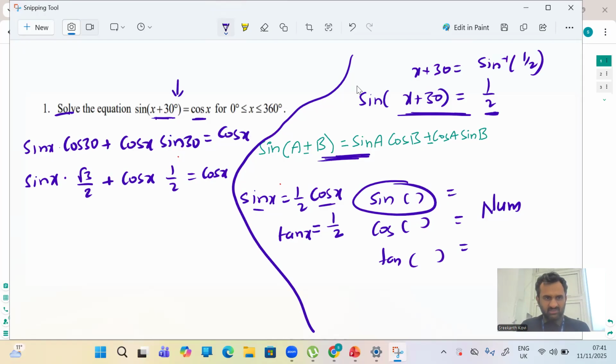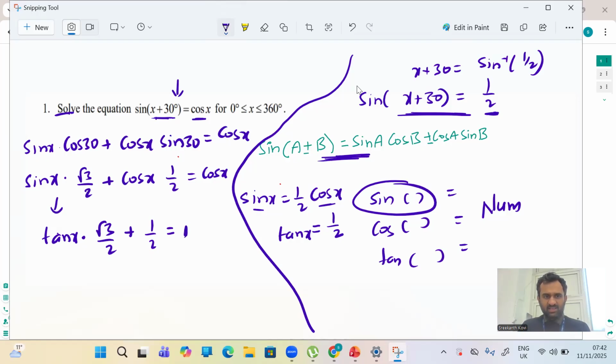When you divide by cos x both sides, this would become sin x divided by cos x, which is tan x, times root 3 divided by 2, plus cos x divided by cos x is 1. 1 times half is half, is equal to cos x divided by cos x is 1.